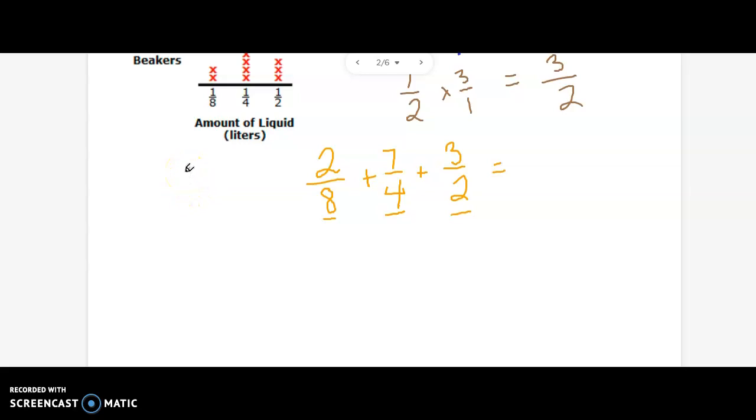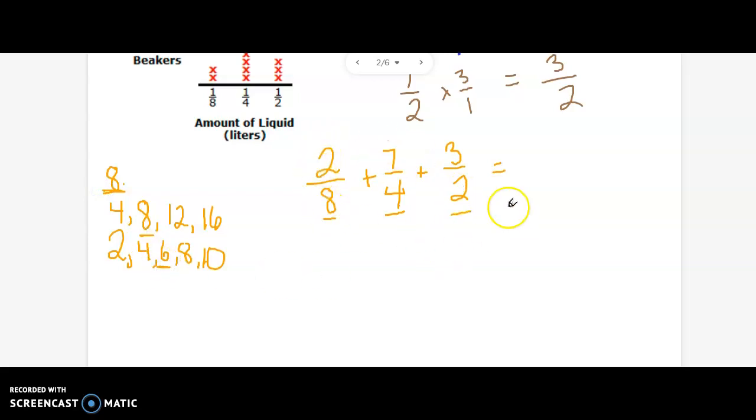To find it, I could list out the multiples of the denominators 8, 4, 2. Actually, I already know that 8 is going to be the least common denominator. If I list the multiples of 4: 4, 8, 12, 16, and so on, and the multiples of 2: 2, 4, 6, 8, 10, do you guys see? With the multiples of 8 right here, 8, 8, and 8.